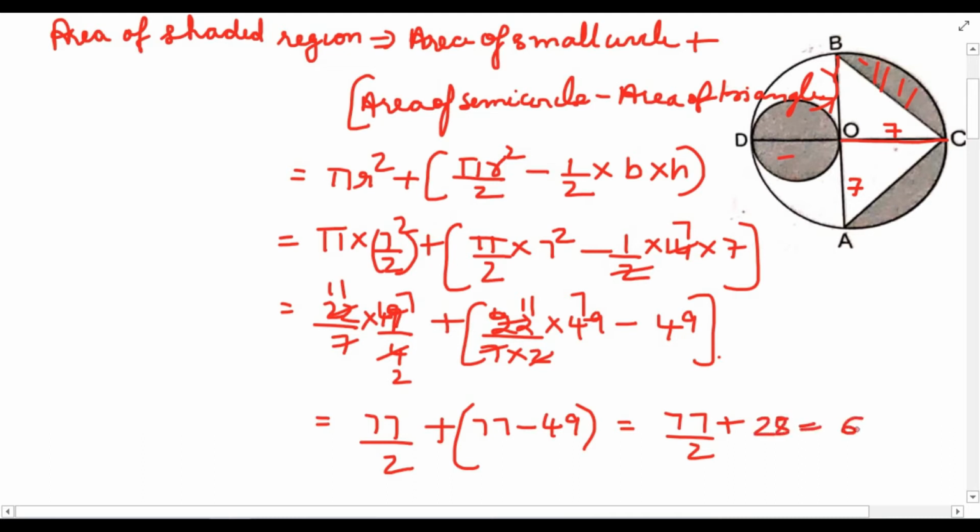When you simplify this, you will get 66.5 centimeter square.